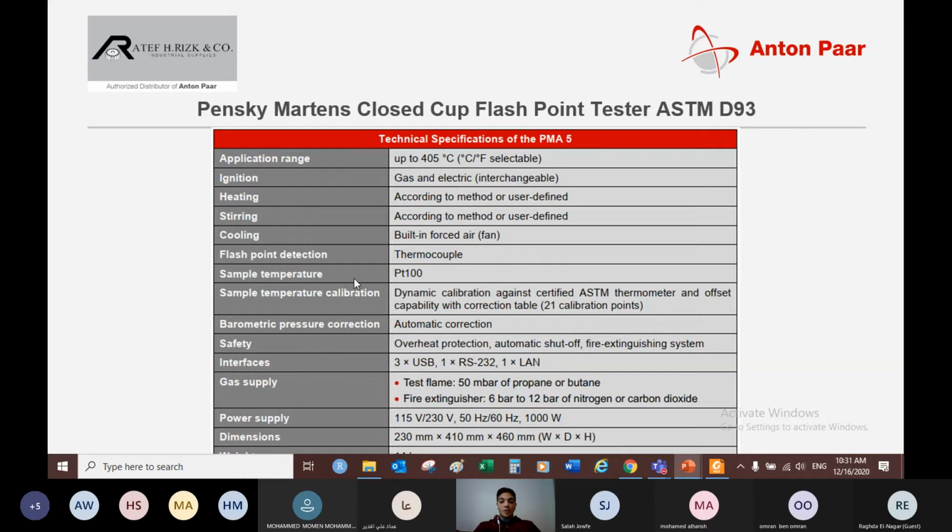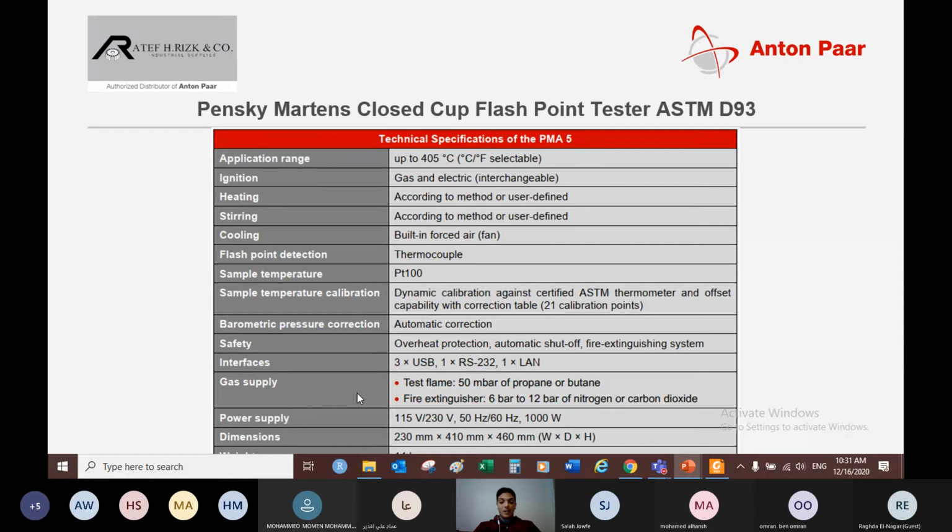And we do calibration for temperature and barometric pressure as usual, as with any kind of instruments in Anton Paar flashpoint testing. We have safety standards for overheat protection, automatic shut-off, and a fire extinction system. We have 3 USB ports for data export and import.